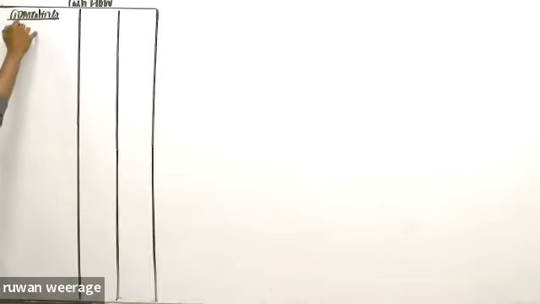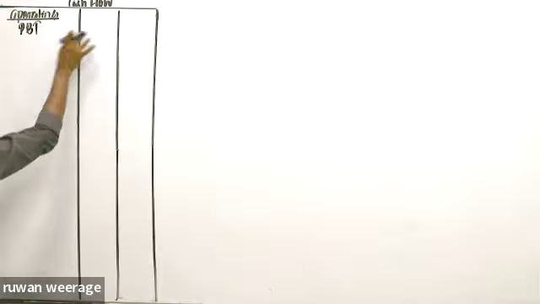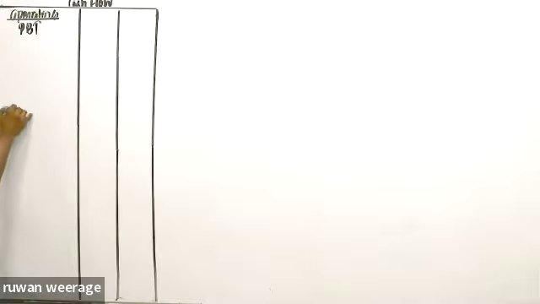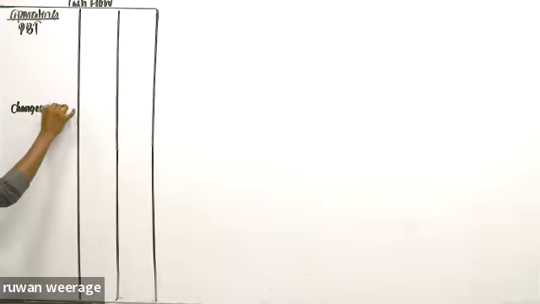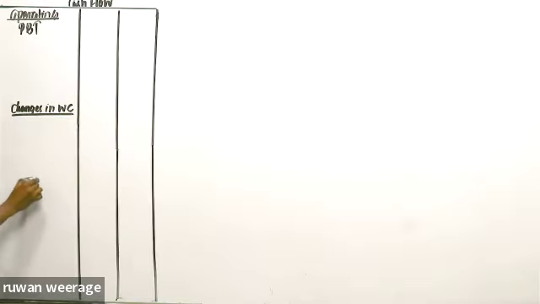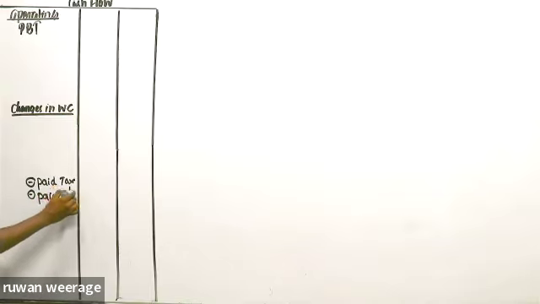Here you have to take profit before tax and adjust other adjustments, and here changes in working capital. Right? Then paid tax and paid interest. Clear?